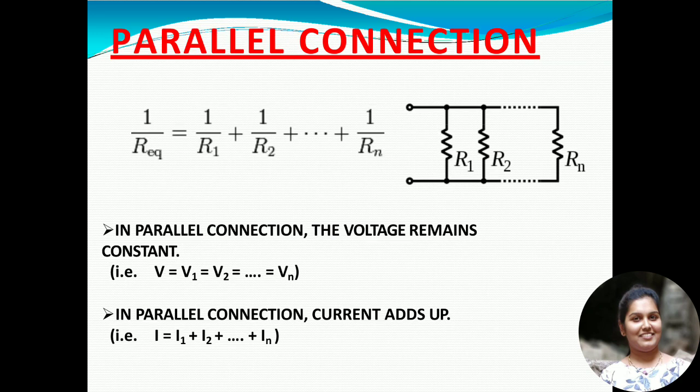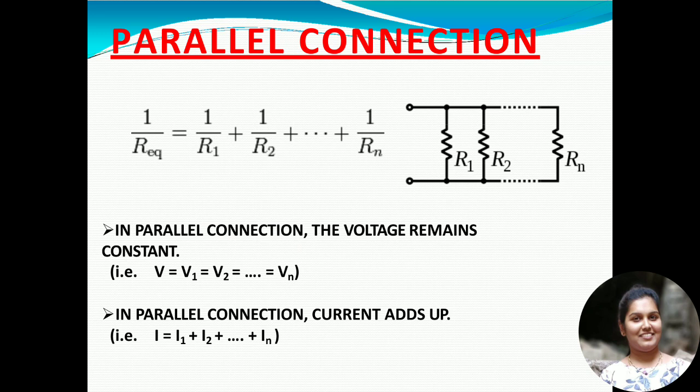Next one is parallel combination of resistors. This is purely the contrast of the previous one, the series connection. Parallel connection is when one terminal of all the resistors is connected to one point and the other terminals of all the resistors are connected to another point.